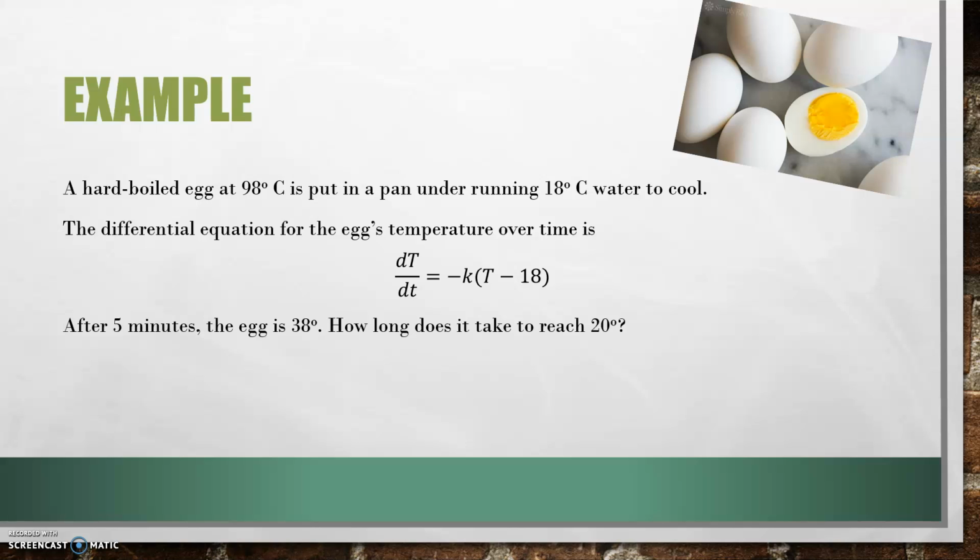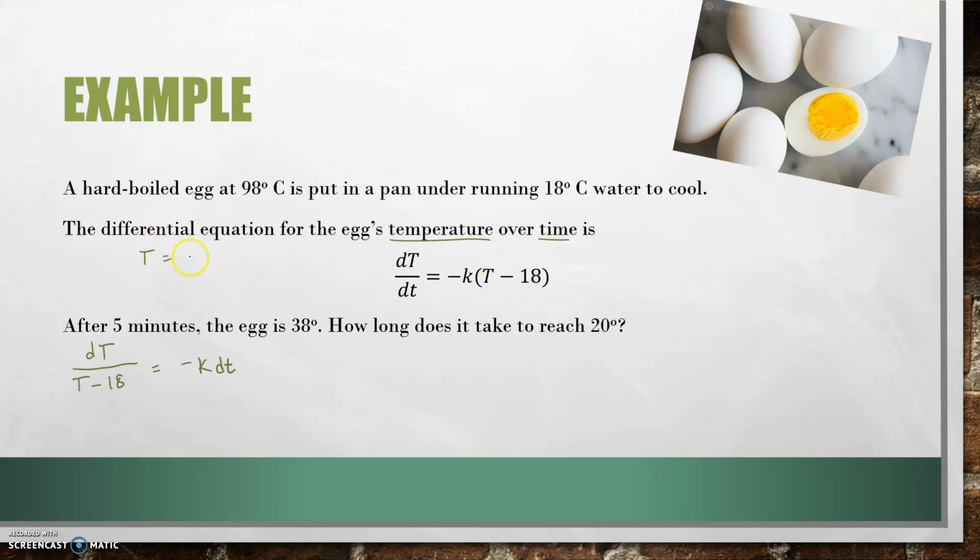So this one, we are going to separate out the variables again. We have dT divided by T minus 18 is equal to negative k dt. I'm just going to emphasize this is the equation for the egg's temperature over time.